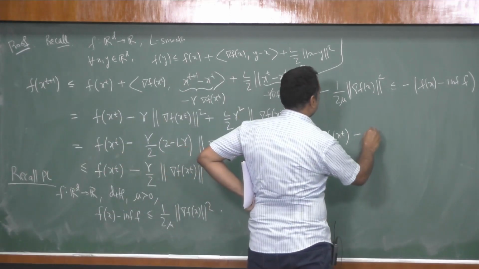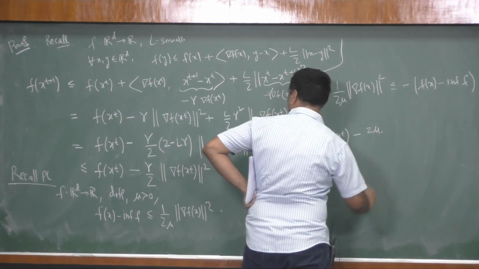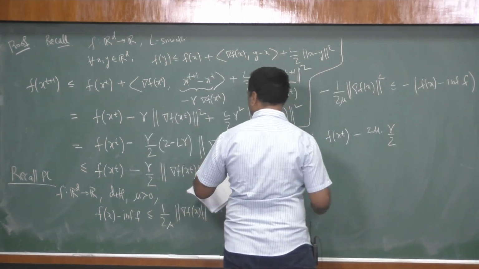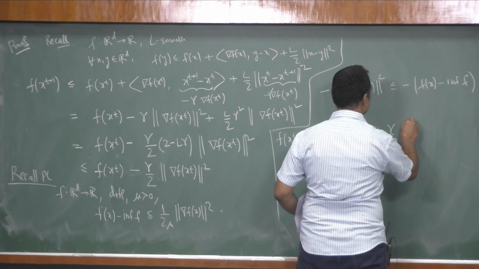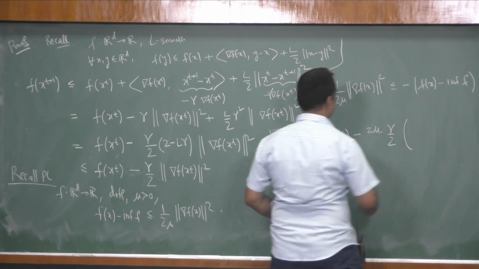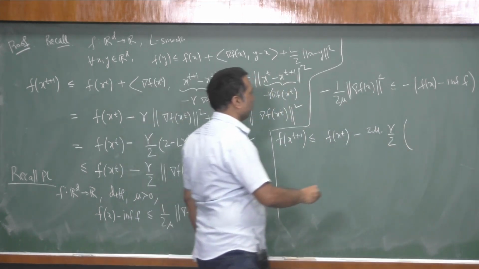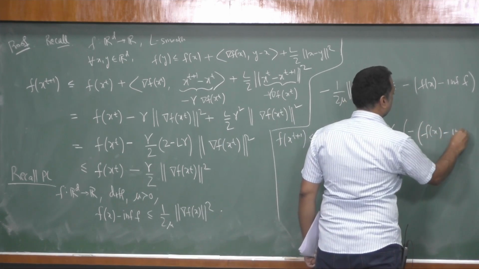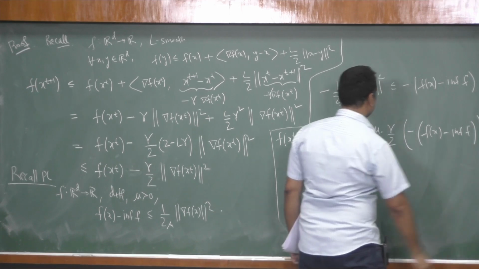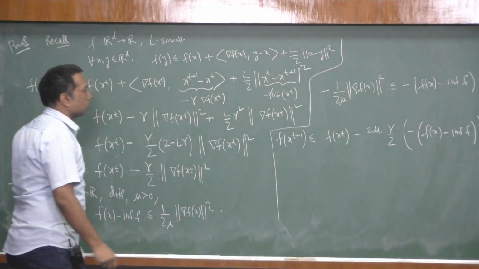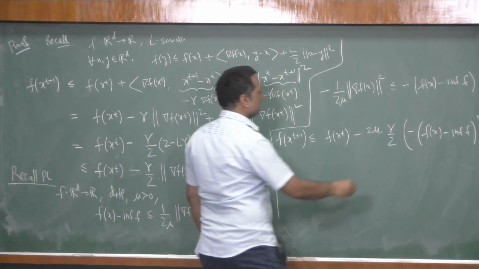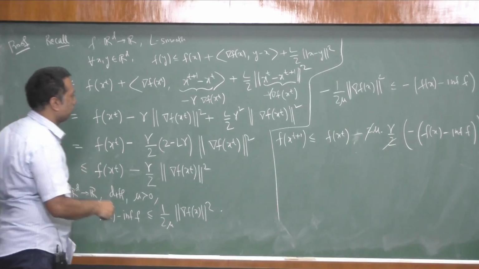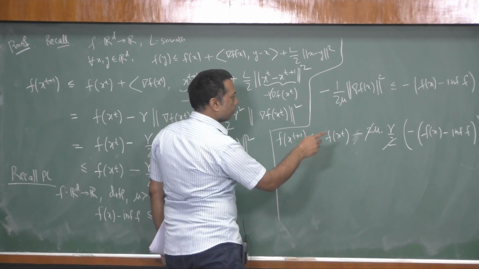So it's like 2 mu and gamma by 2 remains, and this is less than equal to another negative, right? Minus of fx minus. So all this 2 gets cancelled, minus minus becomes plus, right?